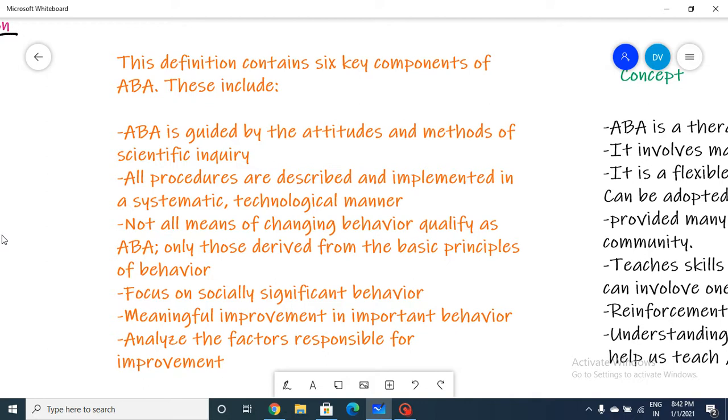Now focus on socially significant behavior. So what is socially significant behavior? It is what is acceptable in a society according to the age. How a toddler behaves, how an infant behaves, how a teacher behaves, how police behave, how a student behaves. All these are socially significant behaviors.